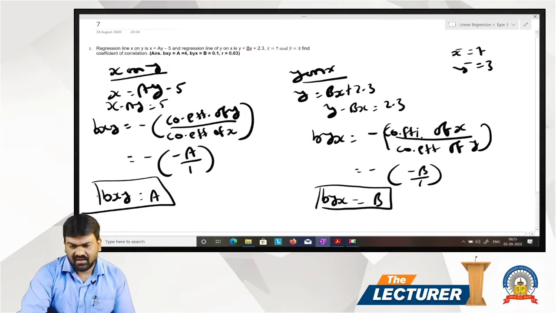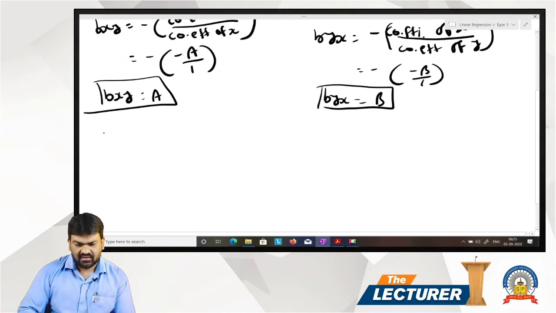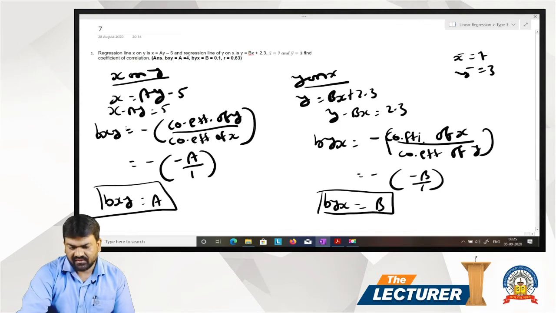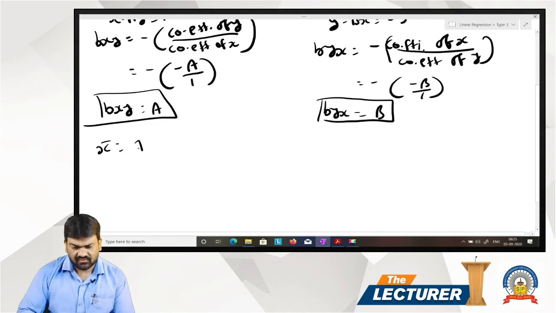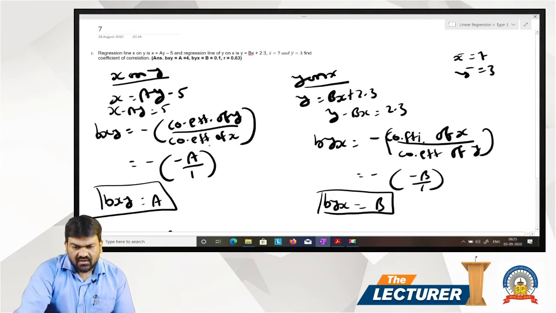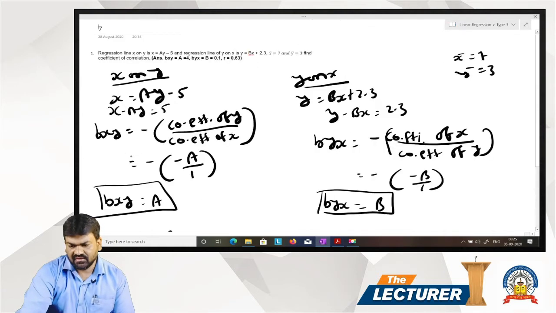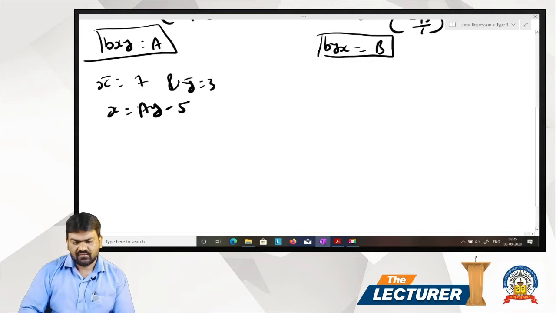Now x bar and y bar are given. X bar is equal to 7 and y bar is equal to 3. Now x is equal to ay minus 5 and y is equal to bx plus 2.3.